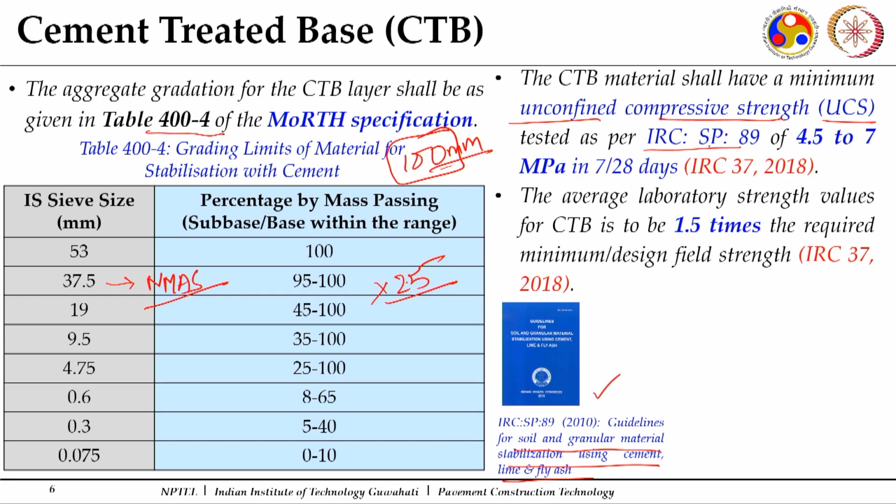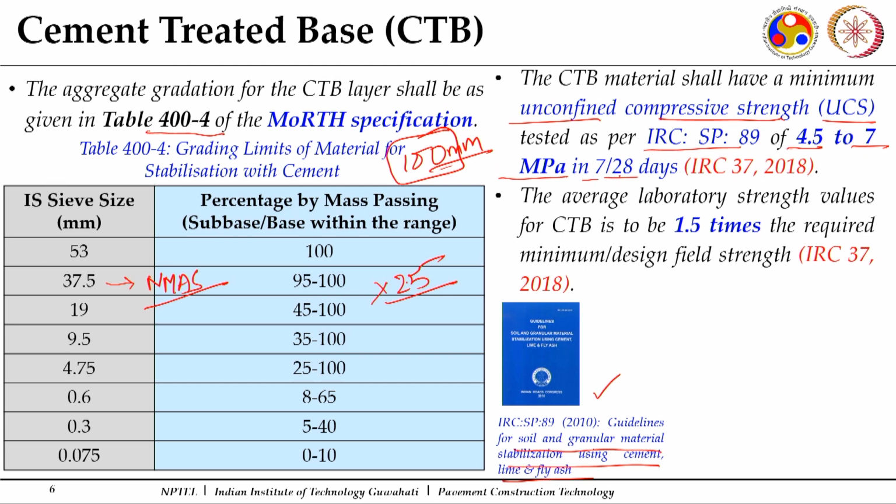This IRC codal specification 89 says that the unconfined strength of cement treated base course should be 4.5 to 7 megapascal for a curing period of 7 and 28 days respectively, whereas it was 1.5 to around 3 megapascal at 7 days of curing for cement treated sub-base courses. So, there are specific requirements related to strength. It should gain a strength of around 4.5 at 7 days and 7 at 28 days.